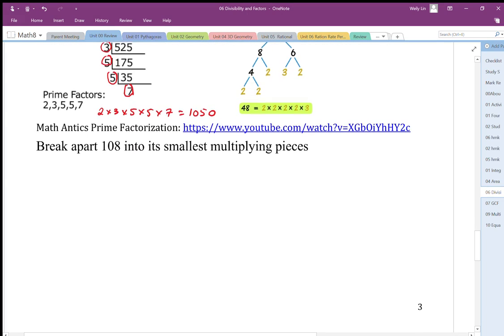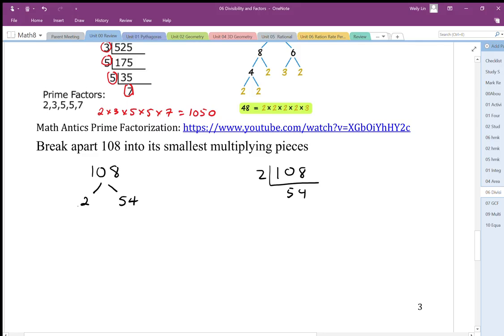So if we're going to start with 108, we can prime factorize this. So I start with 108. I'll do this both ways with the box and the tree. We can divide by 2 and we get 54 here. Here we can show that if we divide by 2, we get a factor pair of 2 times 54.